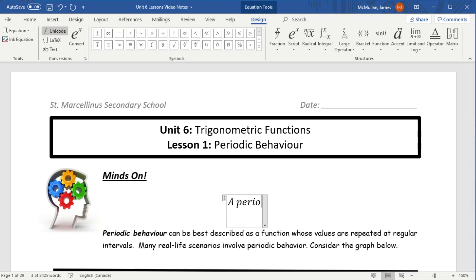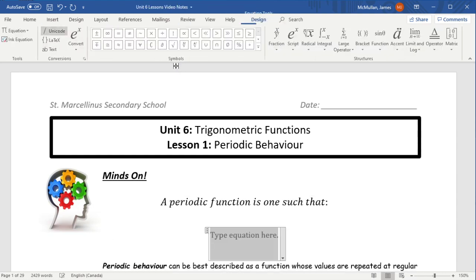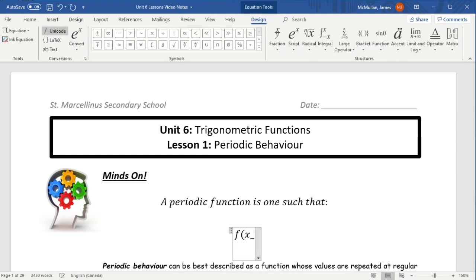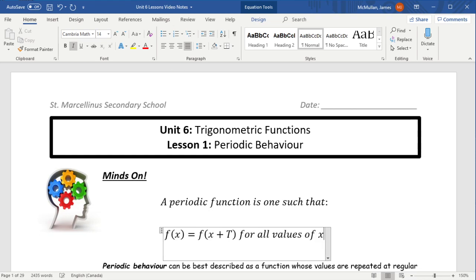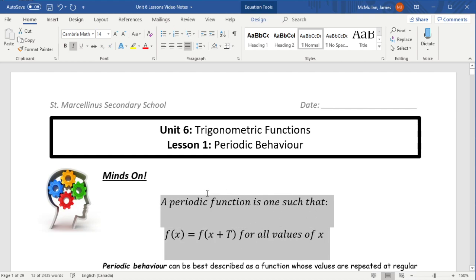So a periodic function is one such that f of x is equal to f of x plus t for all values of x. If you can come to explain this to me, you will understand what a periodic function is.